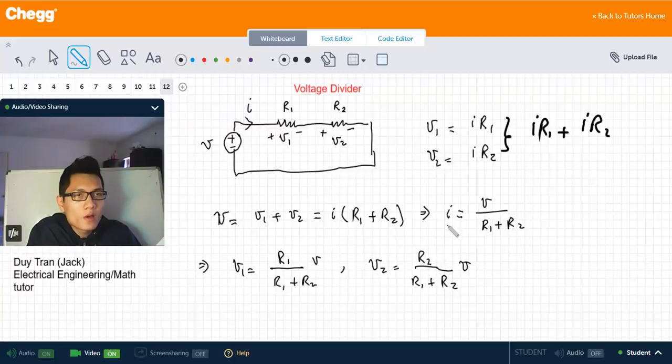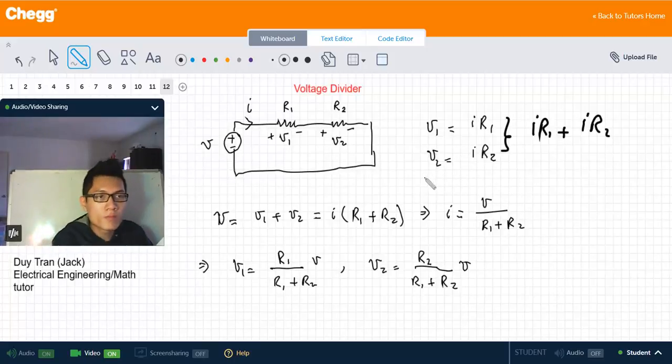So we have the current I here, so you can plug in the I in these two expressions, and you find that V1 equals R1 over R1 plus R2 multiplied with the source voltage V, and also V2 equals R2 divided by R1 plus R2 multiplied with V.